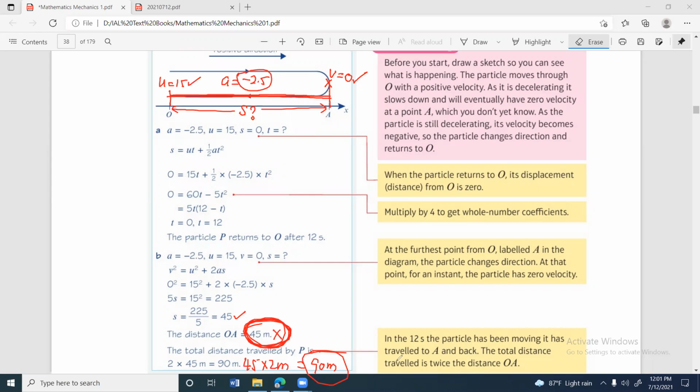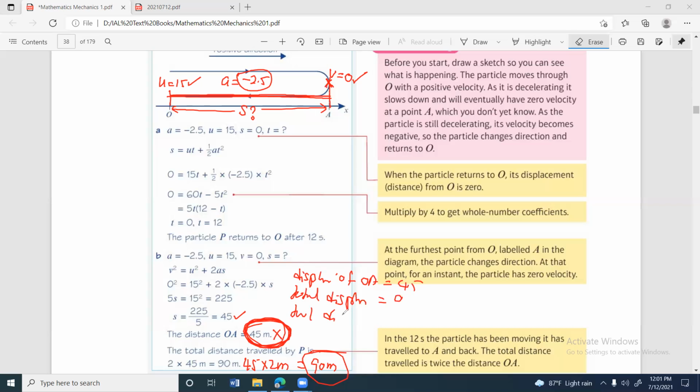Yes, what is it? Displacement of 0. No, sorry. If I am referring to this point, the displacement of OA is 45. Total displacement is 0.